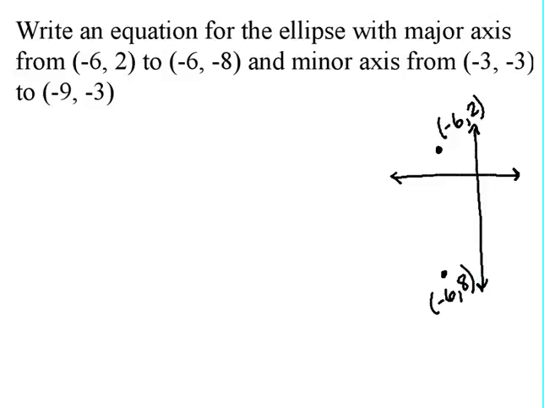I also know that the minor axis is at (-3, -3) and (-9, -3). It's (-6, -8). Oh, did I? Wait, negative. I wrote it wrong. There's a negative there.